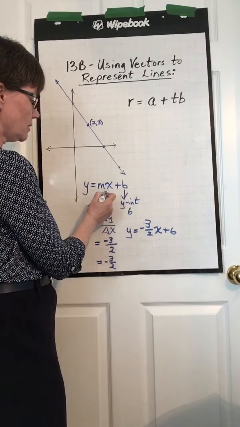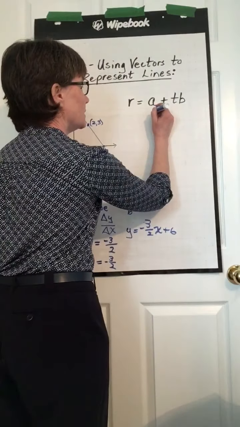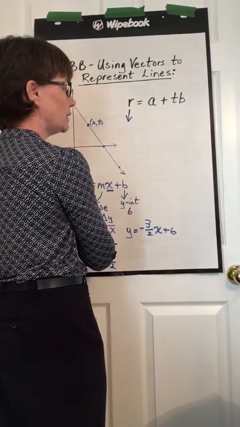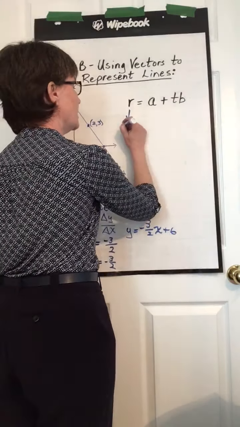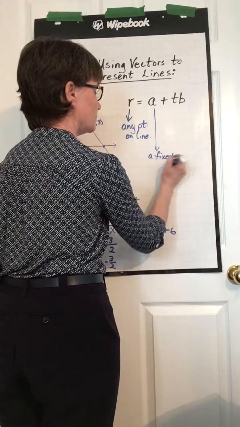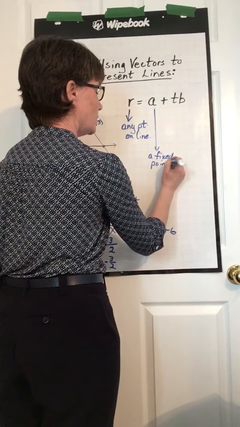Now, let's think about using vectors to represent lines. When we're using vectors to represent lines, the r will end up being any point on the line that we're trying to figure out. Okay, a is a fixed point on the line, one that we already know.